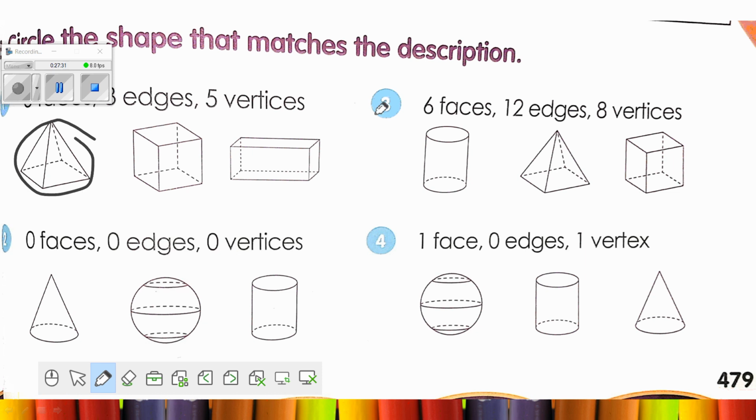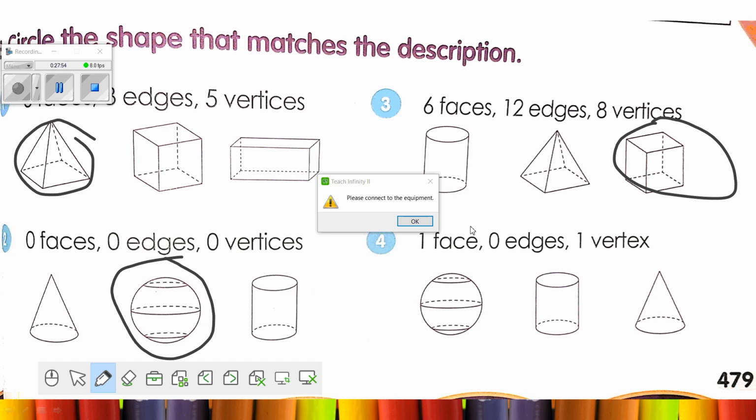Good job. 6 faces, 12 edges, and 8 vertices: the cube or the rectangular prism. 0, 0, 0: sphere. 1 face, 0 edges, 1 vertex. You see, I said here the point is a vertex. So 1 or 0, both of them are correct. So this is a cone.